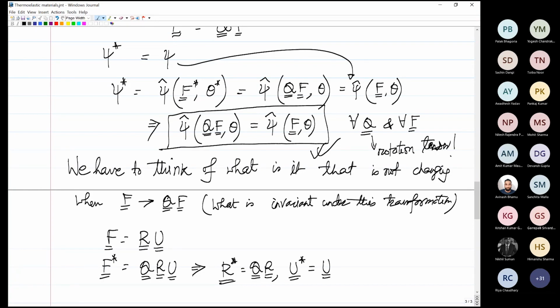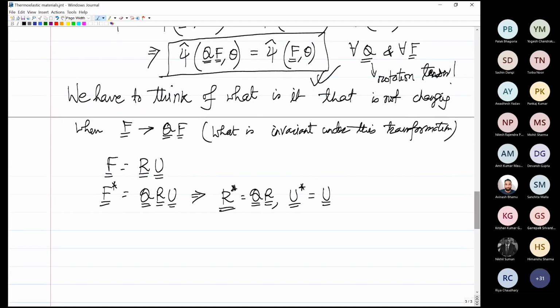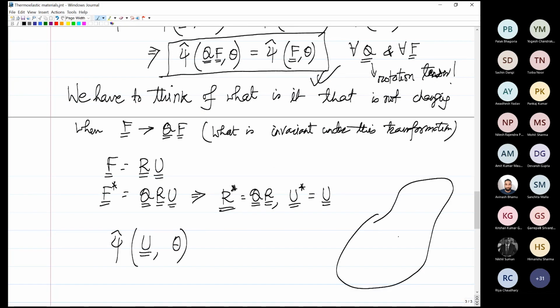Isn't it? And this also makes sense. You remember what was the physical meaning of R and U? So you see psi hat is the stored Helmholtz free energy. So basically what we are saying is that psi hat only depends on U and theta. So you have this body and at a point you have big F. What does R do? What does U do? R is only responsible for rigidly rotating the local volume, the local line elements.